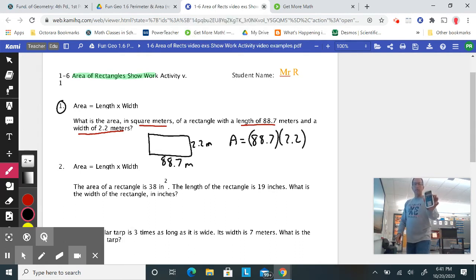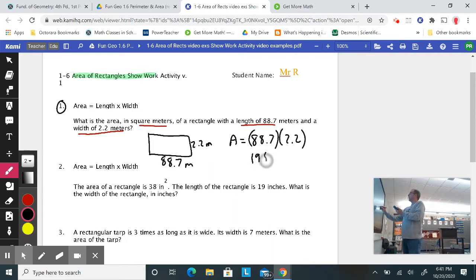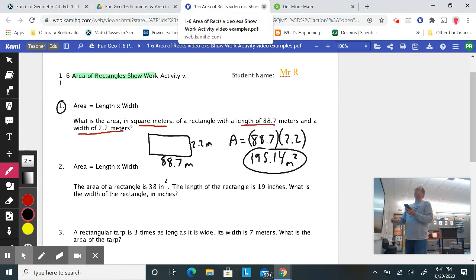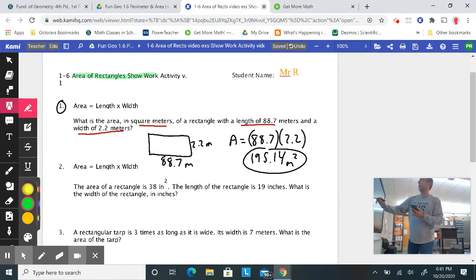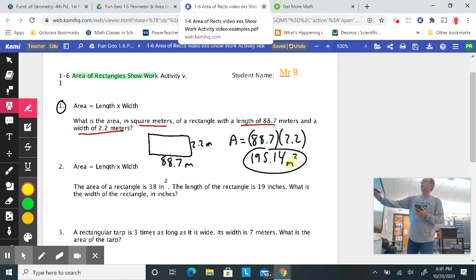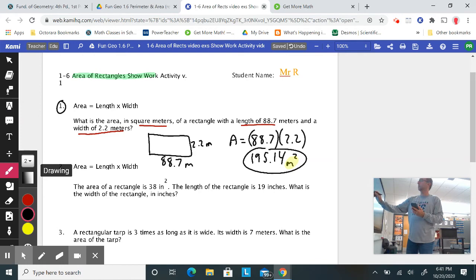So my calculator gave me this answer, which is 195.14, and it's meters squared, because area, you have square units. So I can't emphasize it enough. You need to label with square units. All right, on to number two.